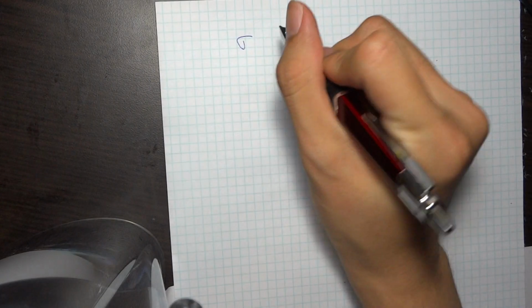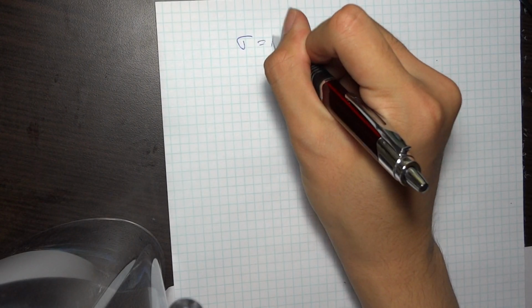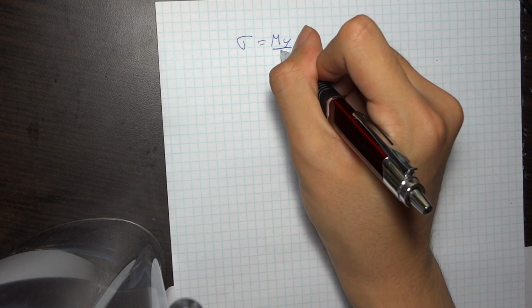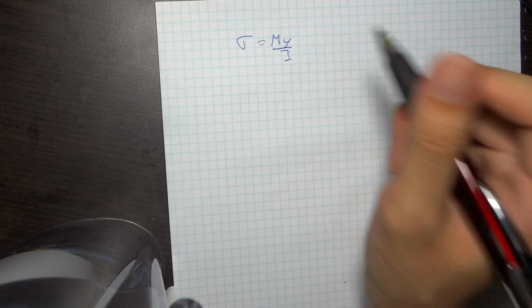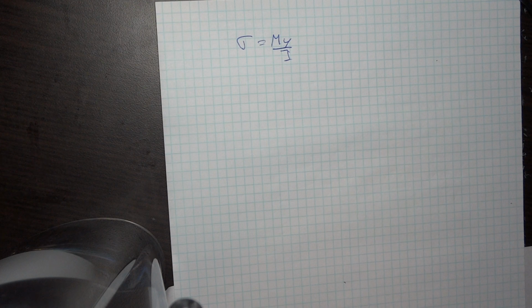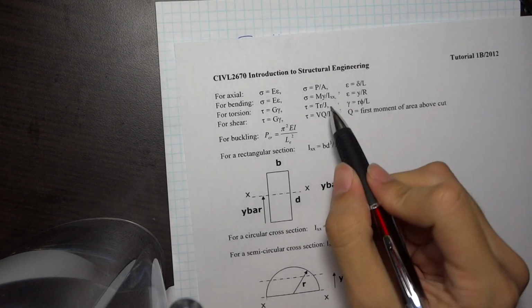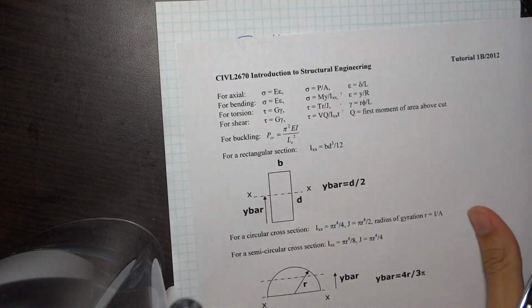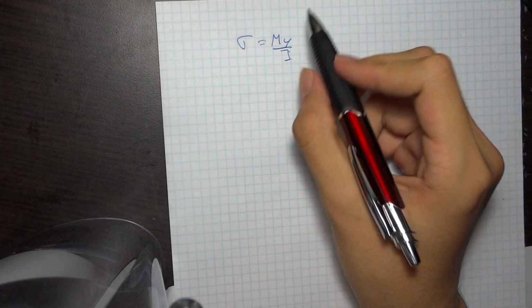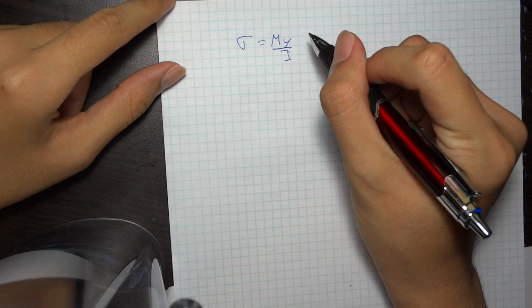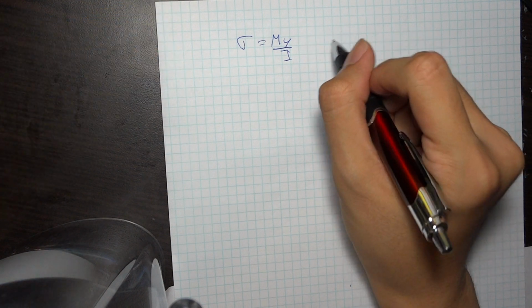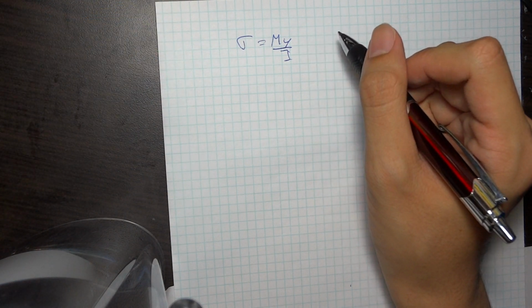Recall that for bending stress, my over I, this equation here. This y refers to the distance from the neutral axis to the point you're interested in.